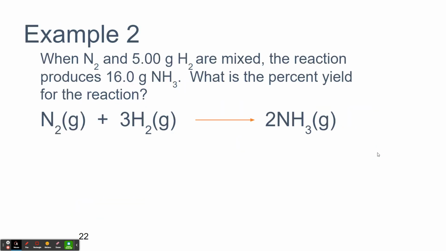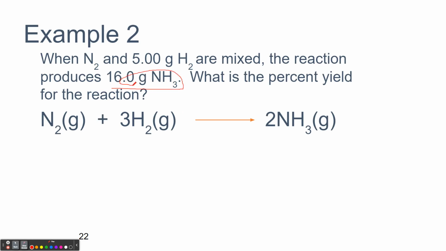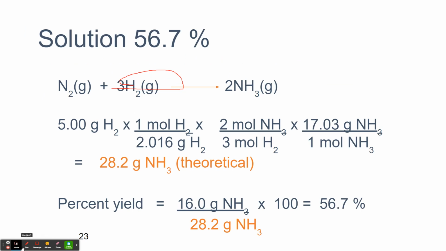Let's go through another problem. We don't have to find our limiting reactant because that's our product. So that's our theoretical yield. Alrighty, so let's see the maths. We have our balanced reaction. We start with 5 grams of hydrogen to figure out what our theoretical yield is.